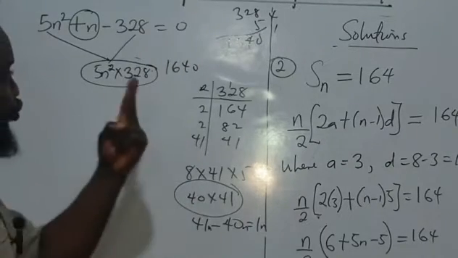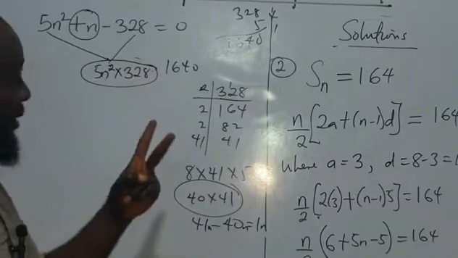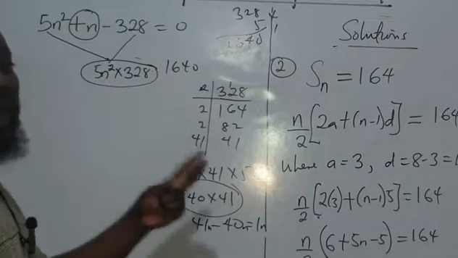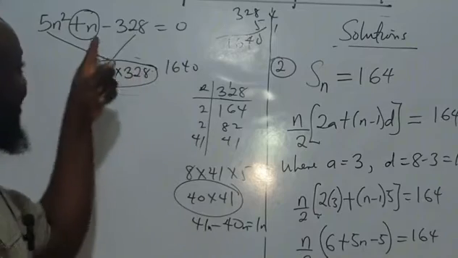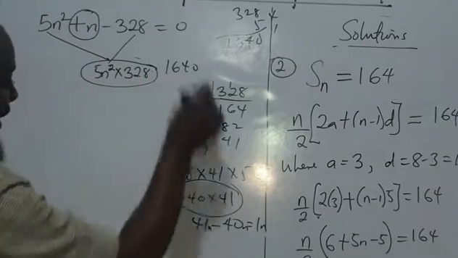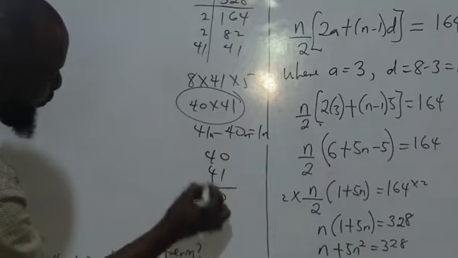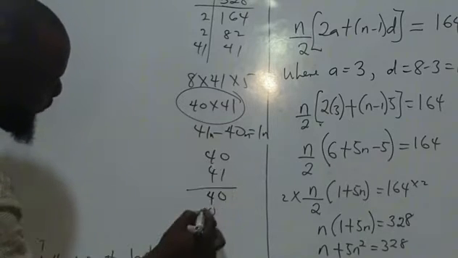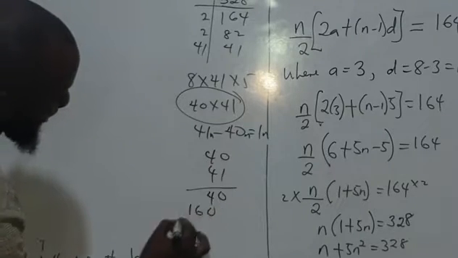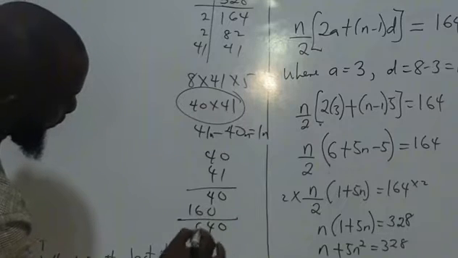Now we are looking for two numbers. When we multiply them together, we are going to get this answer, and when we subtract or add them, we're going to get what? Plus 1 here. So let's multiply 40 and 41. So we have 0, we have 4, we have 6, we have 1.